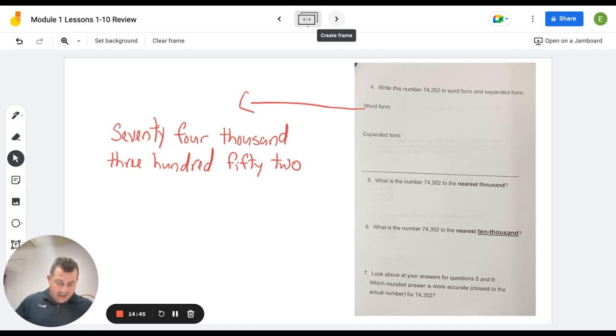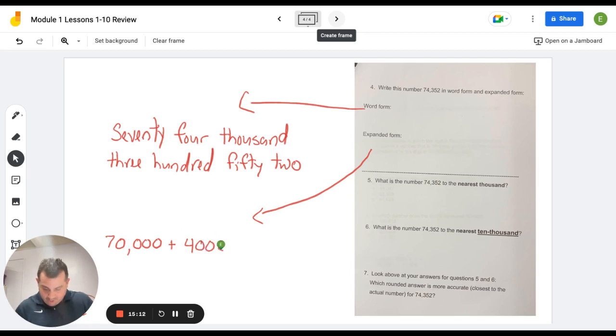Okay. Now, expanded form. So for here, what you're going to do is 74,000. So in my expanded form, it's going to be that 7 is worth 70,000 plus the 4 is worth 4,000.